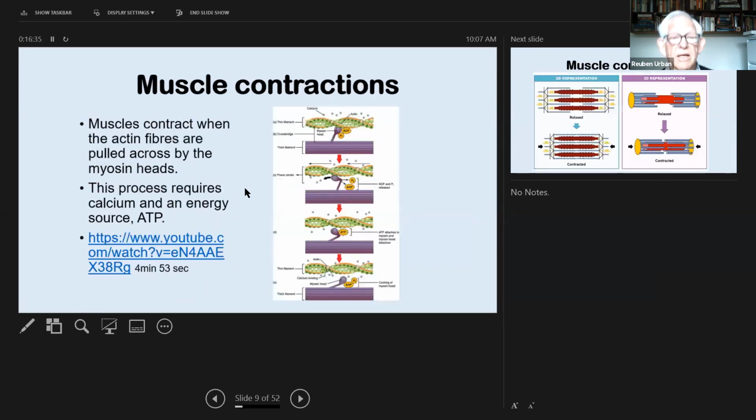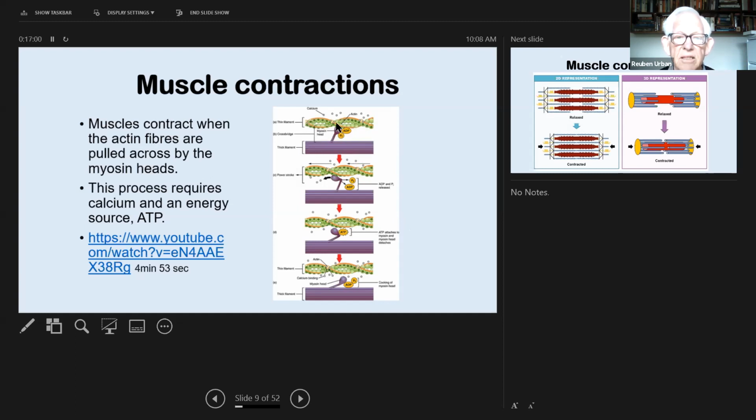Okay, so how does this actually work? Well, when the actin fibers are pulled across, you get the contraction. So there's a little video which shows it here, but what you'll see is the myosin fiber here with a thing called the myosin head.